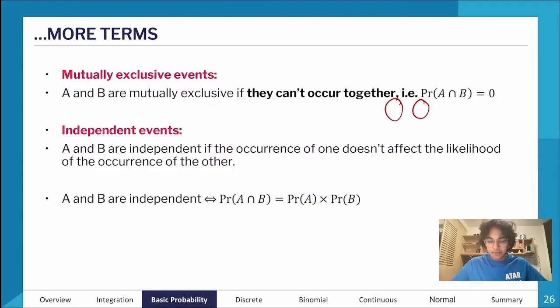A really good example of that is something like me solving a Rubik's Cube in a minute, and the probability that it rains. It's likely that when I'm solving the Rubik's Cube, I'm inside my room and not affected by the rain. And me solving a Rubik's Cube faster or slower is not going to affect the chance that the rain happens, so in that sense, they are independent.